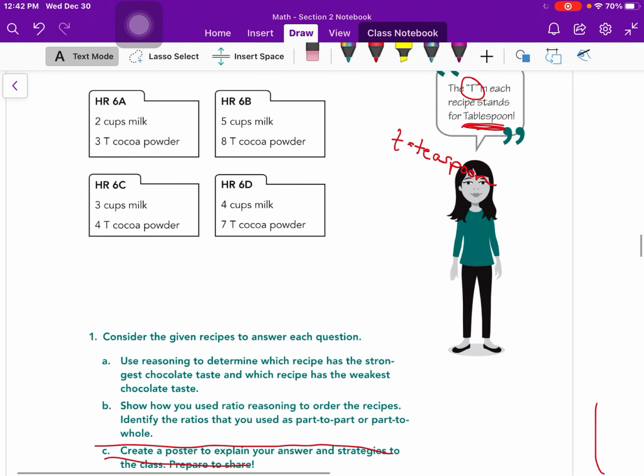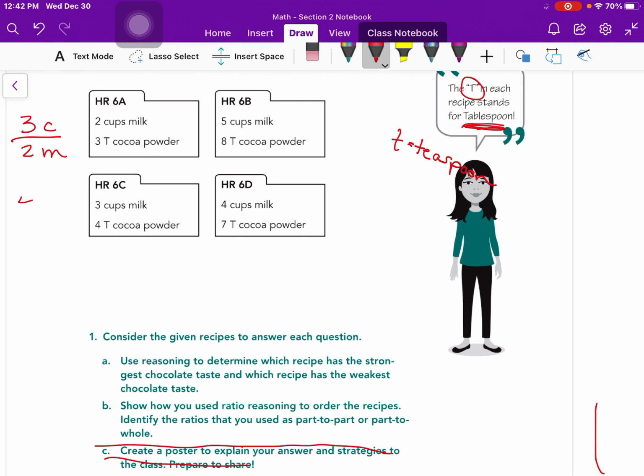Well, let's take a look at what we've got here so far. First one here, let's go cocoa to milk, all right? Because strongest would be the one with the most chocolate, weakest would be the one with the least chocolate. So let's do cocoa to milk. We've got 3 cocoa to 2 milk.